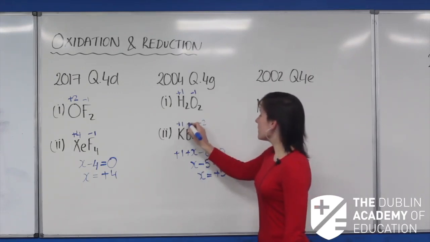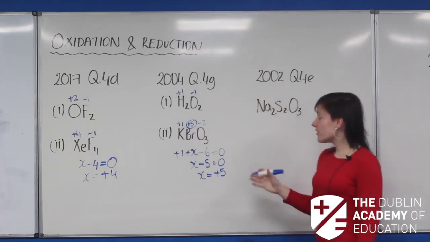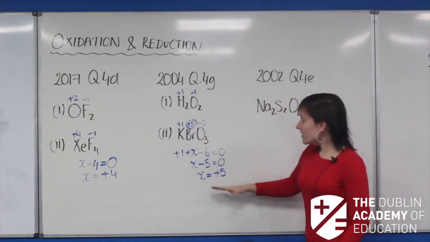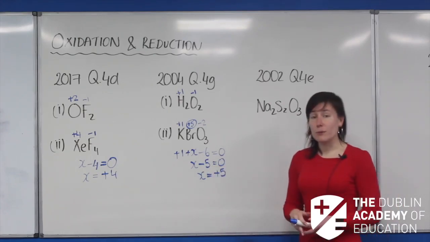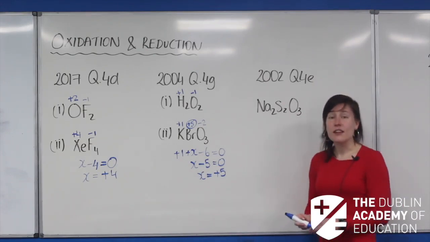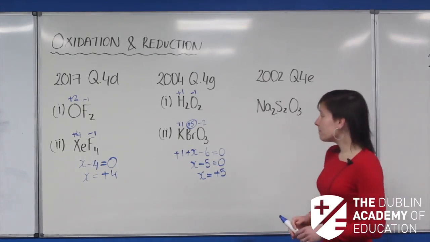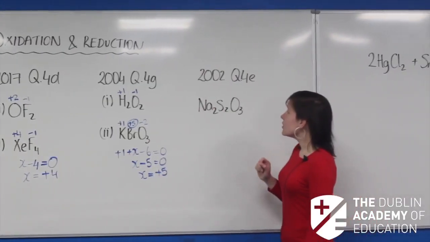So our bromine in this particular molecule is plus 5. You can just construct these simple little algebraic equations to help you figure out unknown oxidation numbers, because we don't have a situation where our rules will apply to every single atom in the molecule. So on to our last example from 2002.